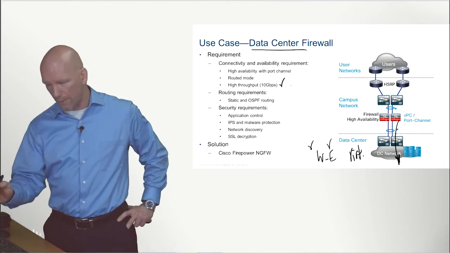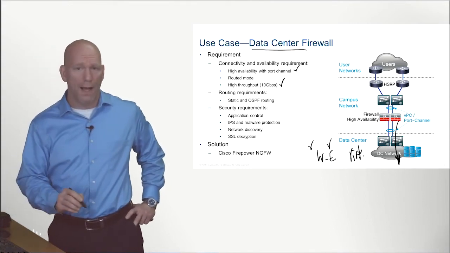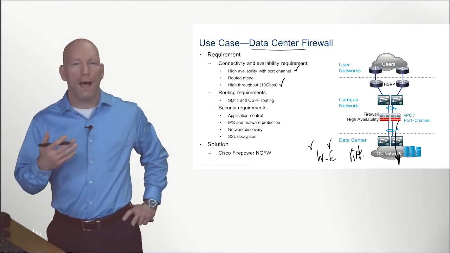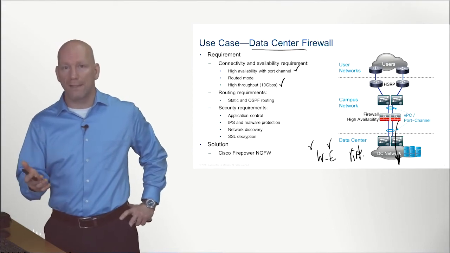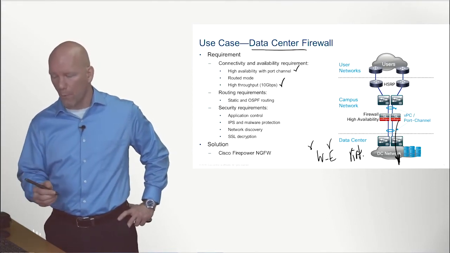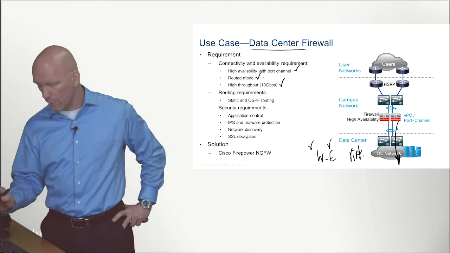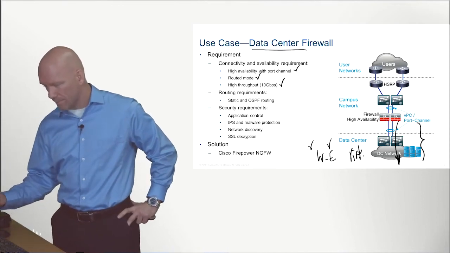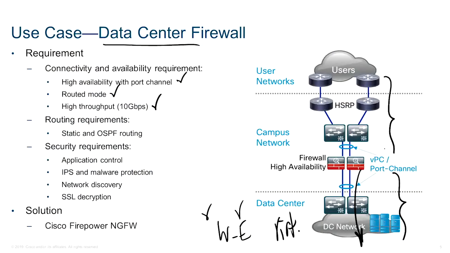Now let's back up a little bit because we still want to provide our highly connected, highly available, highly resilient infrastructure with port channels. One more time, we're doing our isolation between the different areas or zones. So we're going to be running in a routed mode.